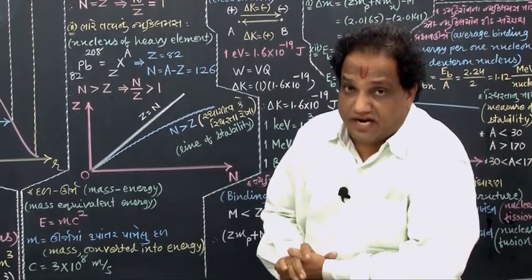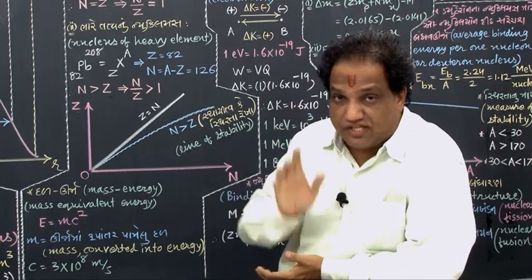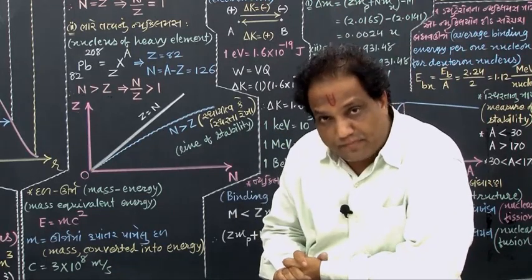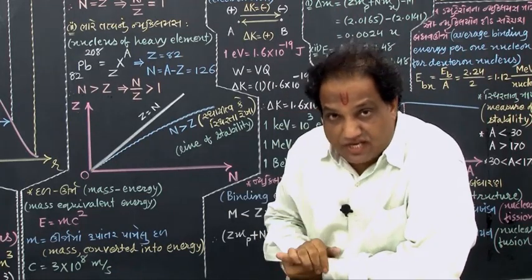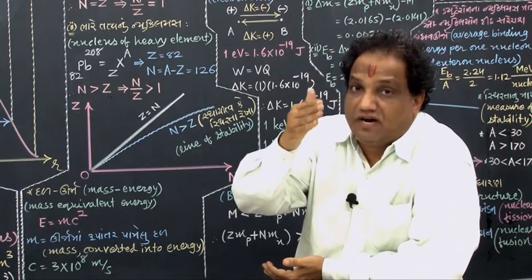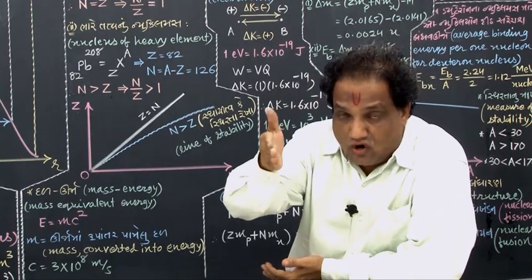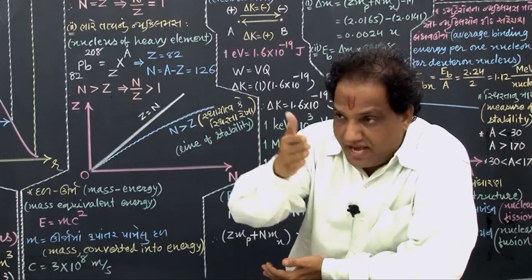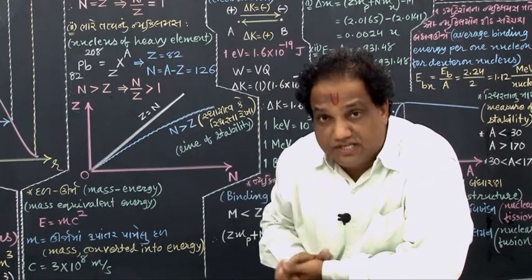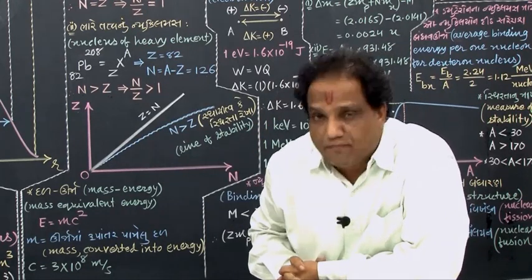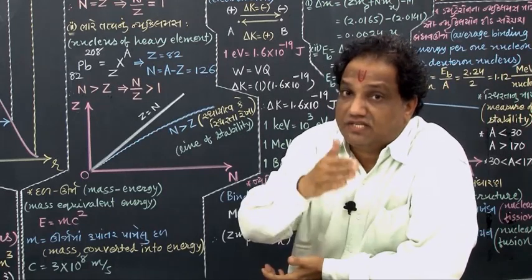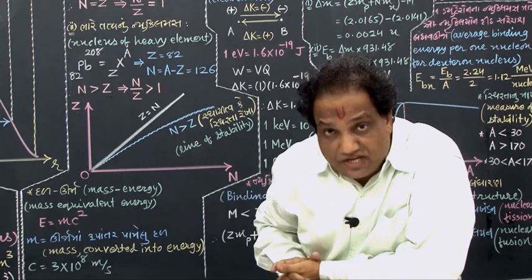Mr. Einstein had given the special theory of relativity, but before he gave this theory, people were treating the law of conservation of mass and the law of conservation of energy separately, because they did not know that mass is equivalent to energy.